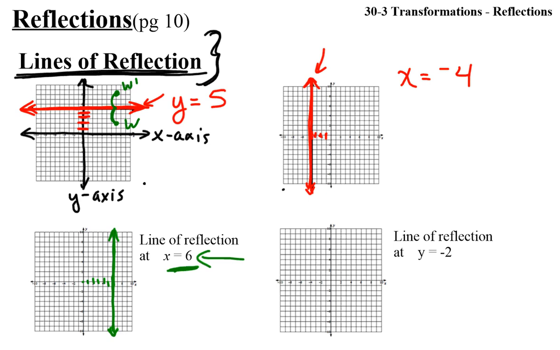A line of reflection where y is equal to -2. Well, y is our vertical axis, so we would want to be 2 down. There's our origin. 2 down takes us there. So there's where we would want to have our line of reflection. Once you have your line of reflection, you could then do the necessary reflections.